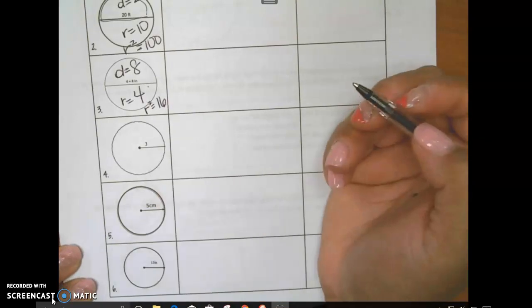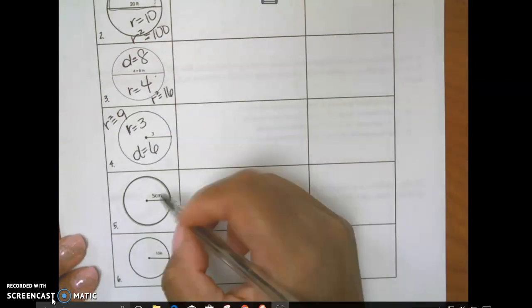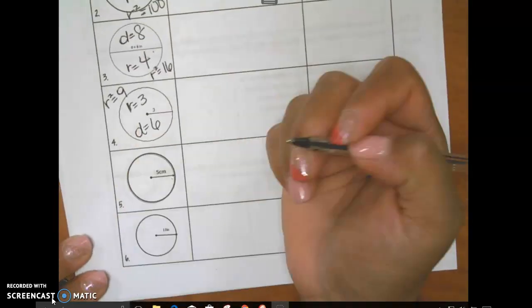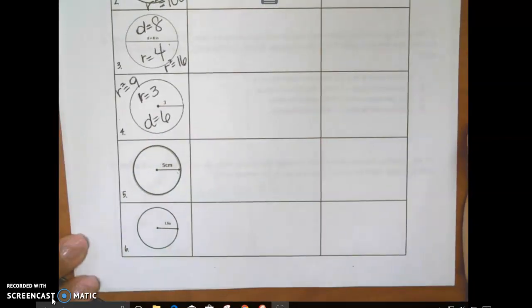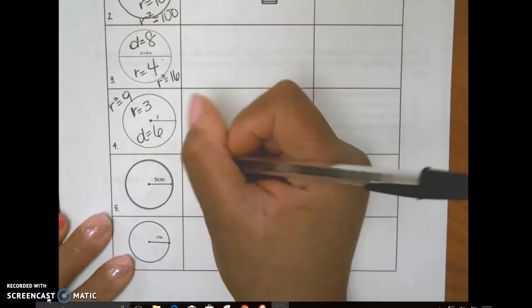Here, what do I have? Radius or diameter? Radius is what? So then what's my diameter? And then what's my radius squared? 9. Good. Okay, for number 5, what have they given me?